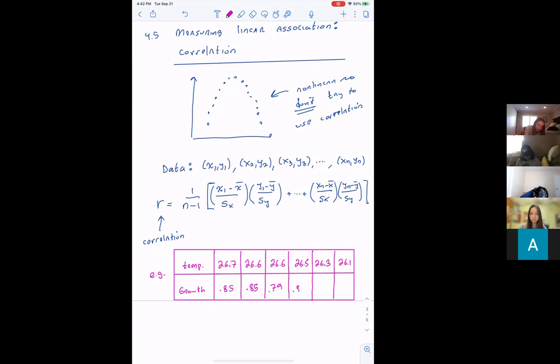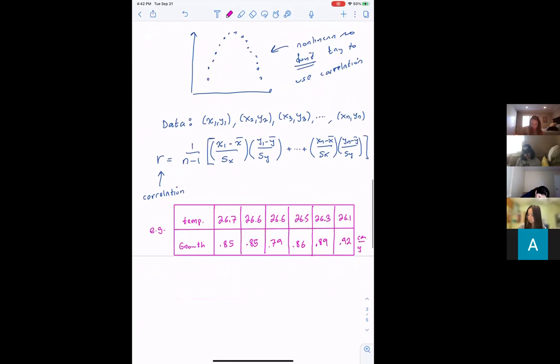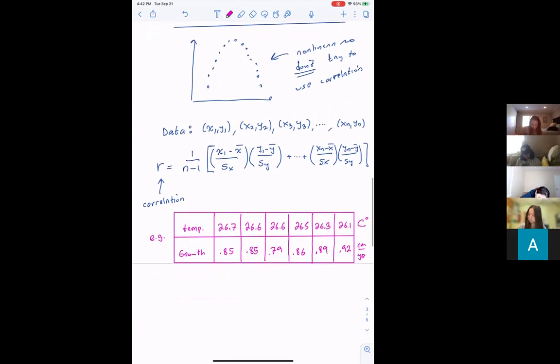And the growth is actually in centimeters per year. So this is centimeters per year. And this is in Celsius, degrees Celsius. And the question is, is there a linear association between temperature and growth rate?